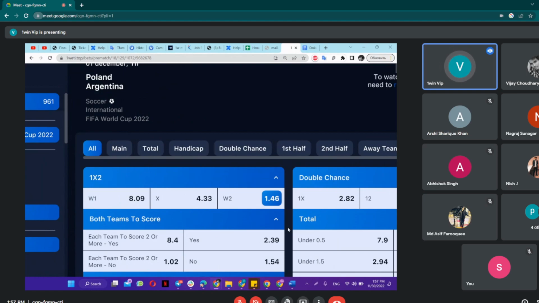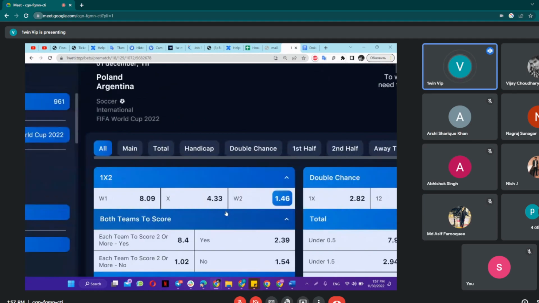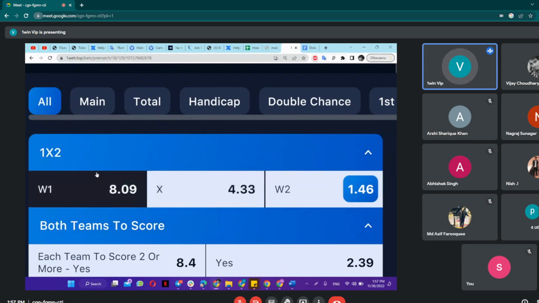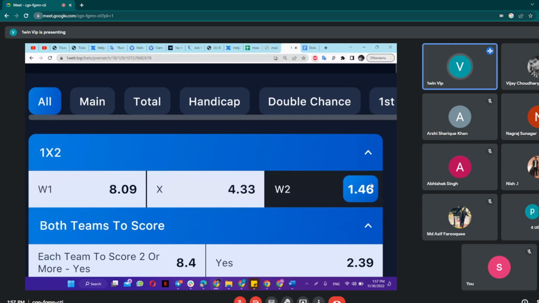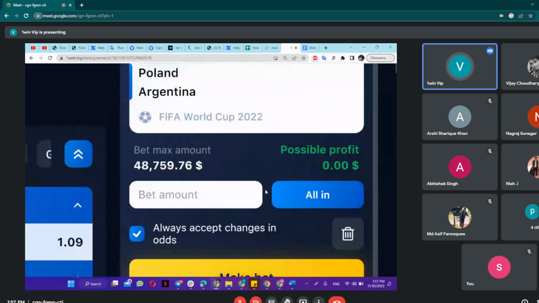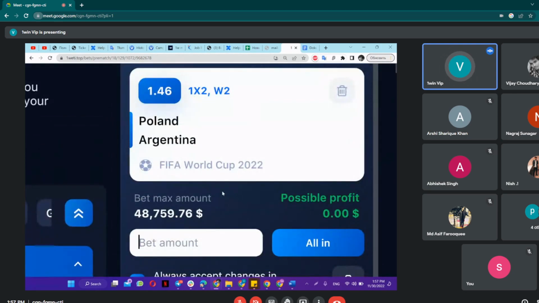Okay, and let's continue. What else can we see here? We can see winning of the first team, winning of the second team, and X, and we can see the coefficient. And again, what does it show us? For example, for winning of the second team, we have coefficient 1.46. What does it mean? It means this is the coefficient we will be multiplying our bet amount by to receive a possible profit.